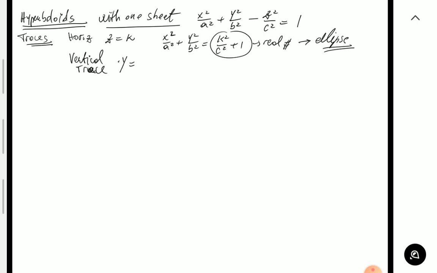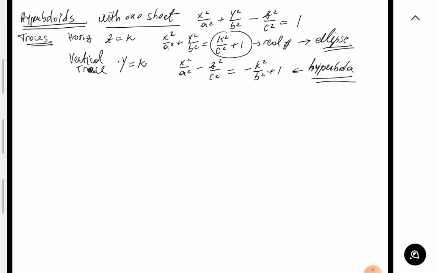So a plane perpendicular to the y-axis. Again, if I put it back into the equation of the hyperboloid, move the terms around, k squared over b squared comes on the right hand side. Again, this is going to be a real number. In terms of x and z, this is going to be a hyperbola.